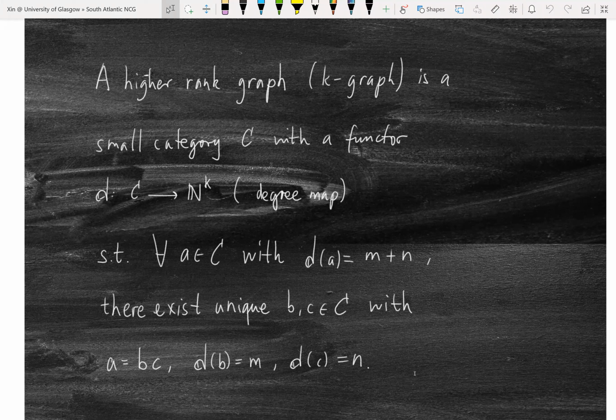Does N have a 0 for you, the natural numbers? Oh yes, it's a monoid. Yes. And the important thing is that these factors B and C are unique, and this will actually impose quite strong conditions. For instance, it will imply that the category is cancellative, so you have left and right cancellation.